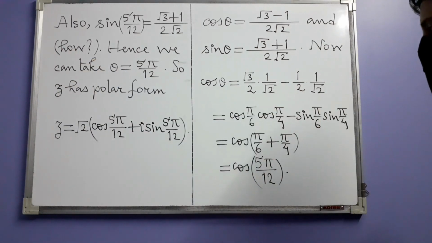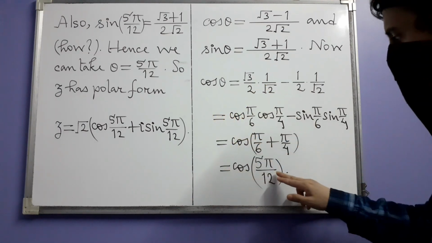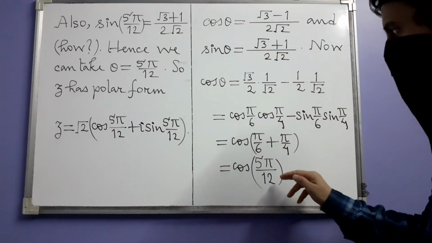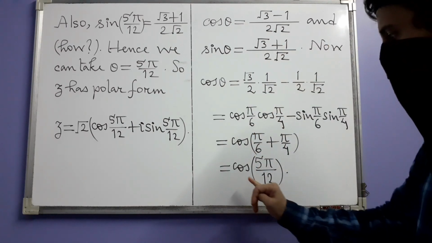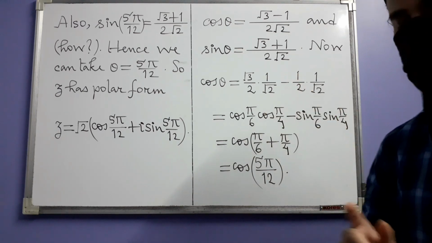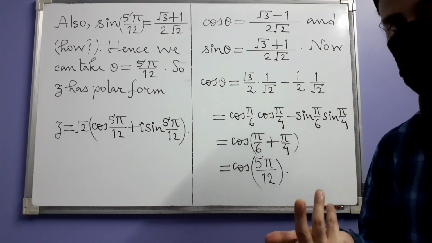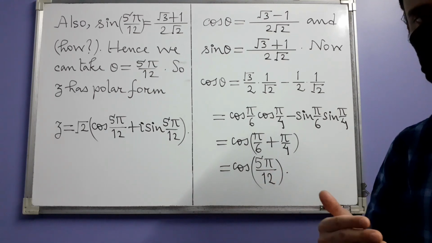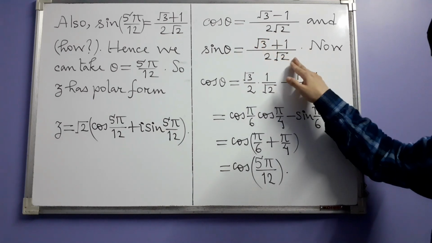What will you do? You do a kind of back calculation. That is, you start from here and then you go to the value. The only difference is that in place of cos you would be having sine, and then you use the angle sum formula for sine. Sine A plus B is sine A cos B plus cos A sin B. That way you will be able to get this.